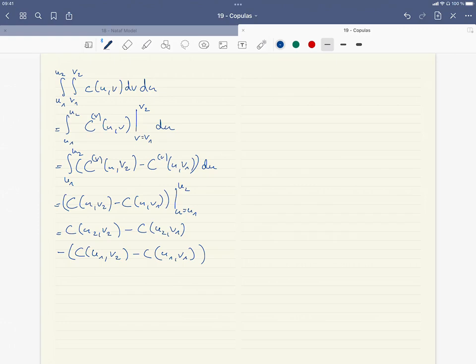And that's precisely the property that I need. This whole thing in the end needs to be something non-negative because it's supposed to be a measure.